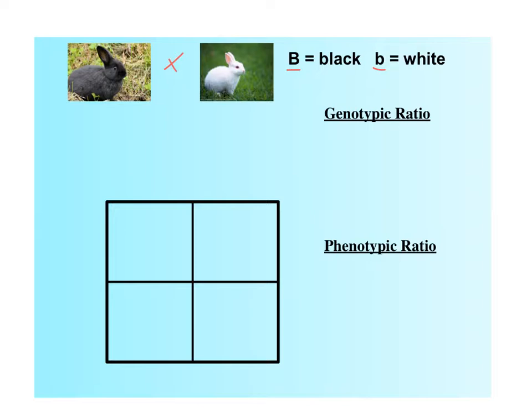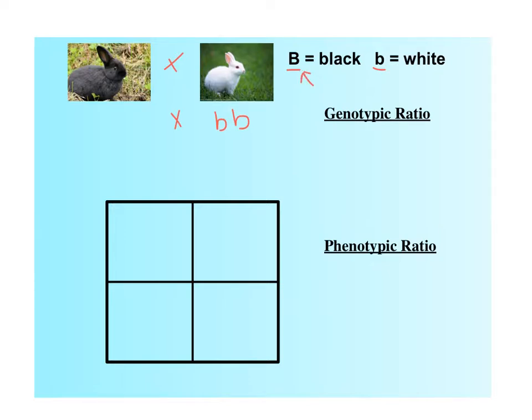Because the only way you can be a white rabbit is you have to have two recessive alleles, little b, little b. Now we're going to cross that with a homozygous dominant black rabbit. Homozygous tells us that both letters are the same, and since it's black, we know they're both going to be big.